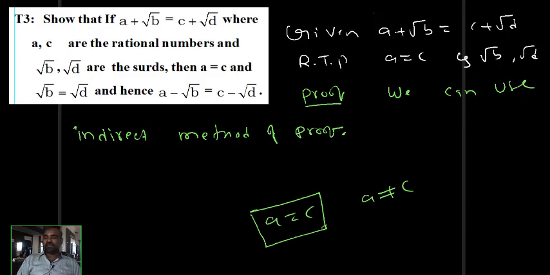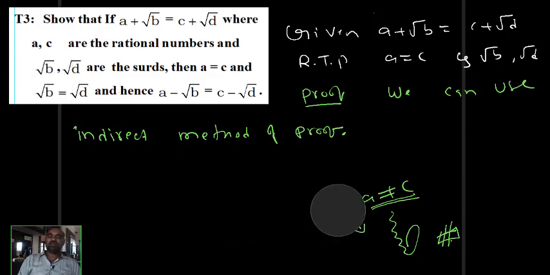So we assume that a is not equal to c, apply some logical steps, and at a stage we get a mathematically wrong statement. Then we conclude that what we assumed, a not equal to c, is wrong, which means automatically a equal to c only.